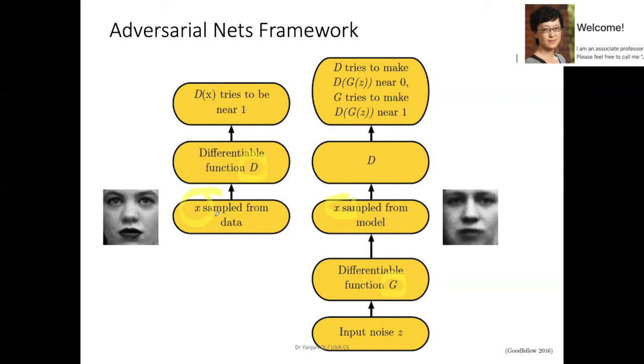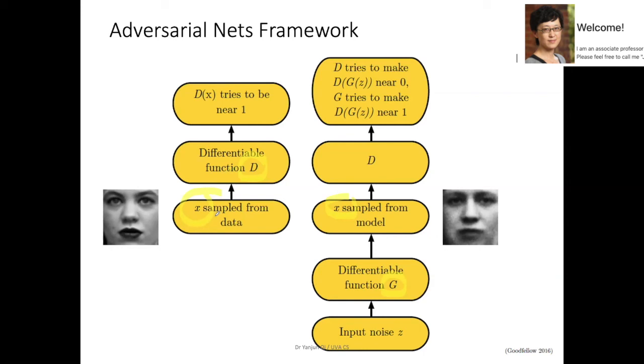So now I am trying to train both the discriminator and the generator. I'm trying to train a really, really good discriminator that can distinguish the generated data versus true data. But when I'm training my generator, I'm trying to make my generated samples as similar as those observed samples, so my discriminator just cannot distinguish generated and true samples.